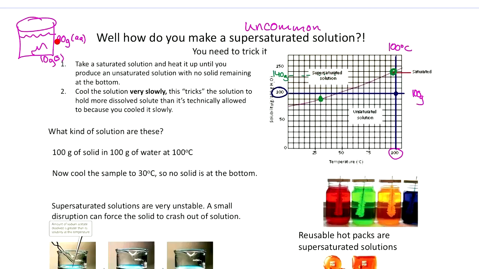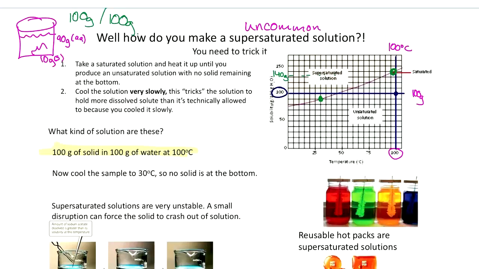So then, remember, we had mixed 100 grams in 100 grams. So at 100 degrees Celsius, I think that's what this question is right here. If we have 100 grams of solid in 100 grams of water at 100 degrees Celsius, what kind of solution is that? So essentially, I'm taking this beaker and heating it up to 100 degrees.